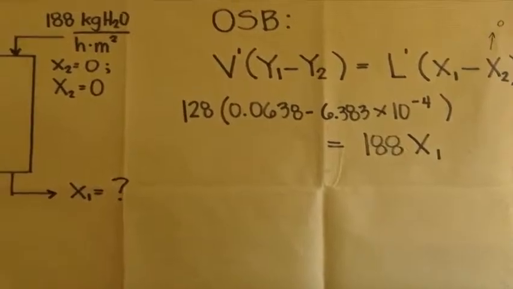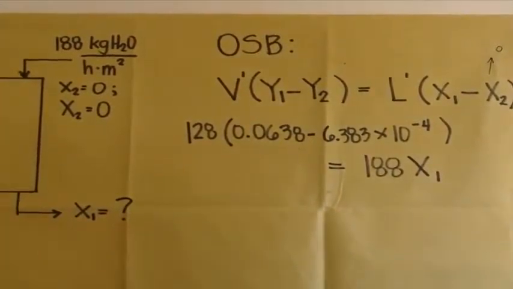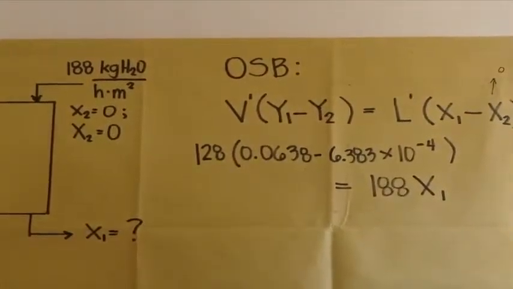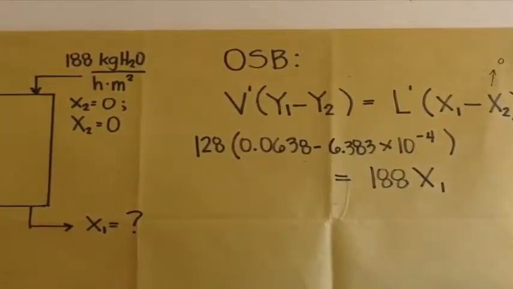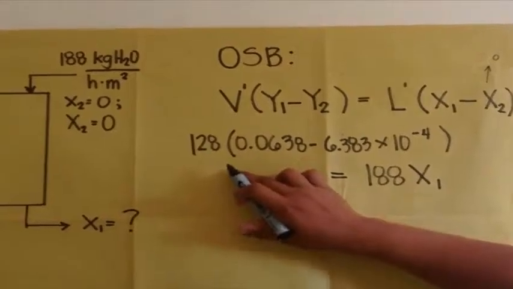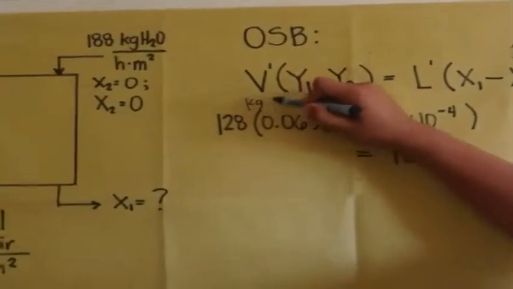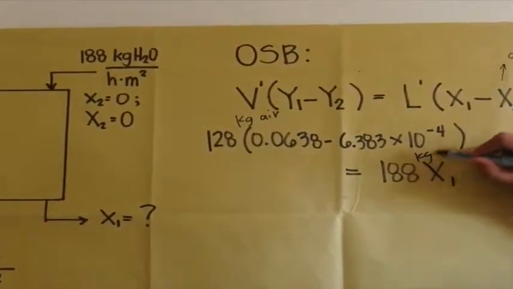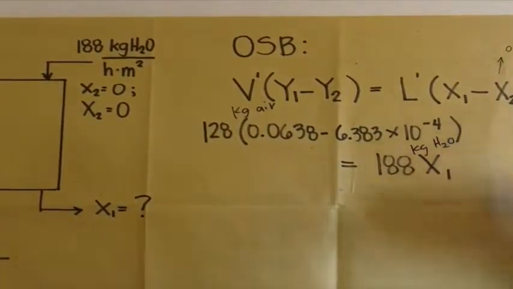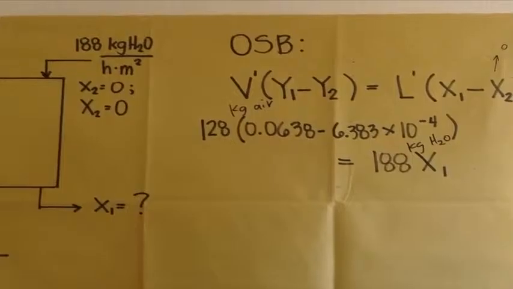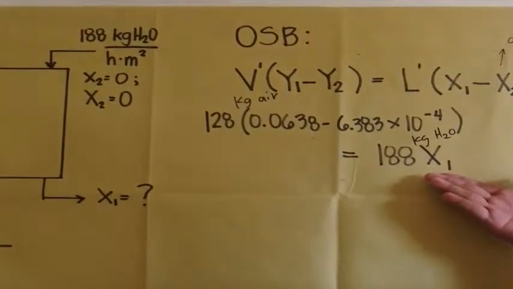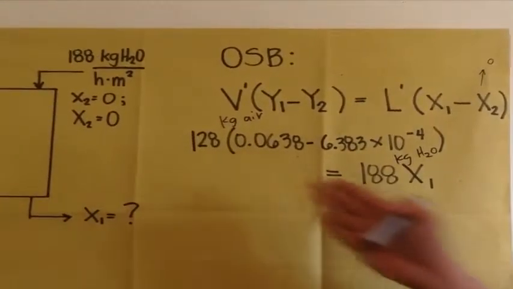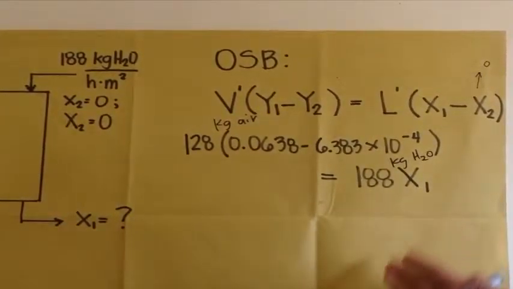We must be careful before proceeding to calculation because we have an inconsistency in our units. This 128 is in kilogram air, and this 188 is in kilogram water. Therefore, for us to get the right value for our X1, we must convert these amounts in mole.